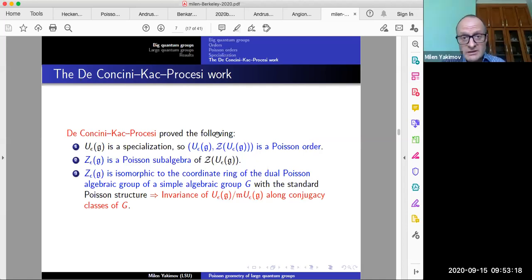Completely, it's a great question. It's completely in the direction of what's called the orbit method program of Kirillov and Kostant. One thing that was found is that when you look at the universal enveloping algebra of a nilpotent Lie algebra or nilpotent group, there is a very good way of constructing, using geometric quantization, the irreducible representations, so the unitary dual, using the Poisson geometry of the nilpotent Lie algebra.